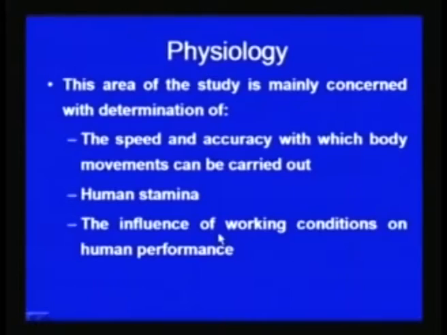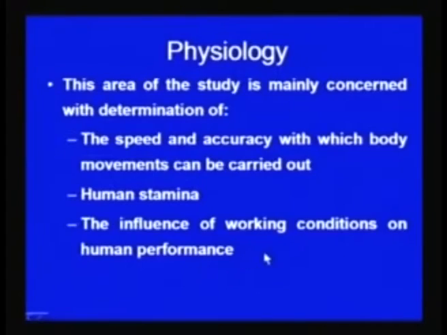The third aspect related with physiology is the influence of the working conditions on the human performance, like the vibrations, light, ventilation, illumination. These are some of the conditions which significantly affect the performance of the human being.